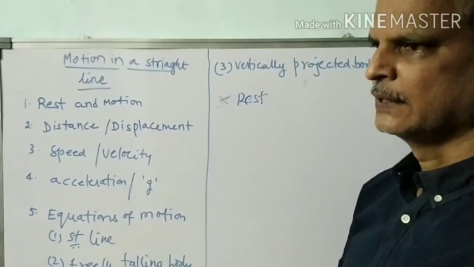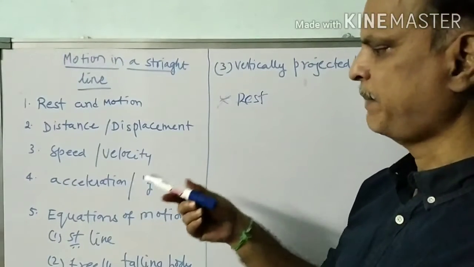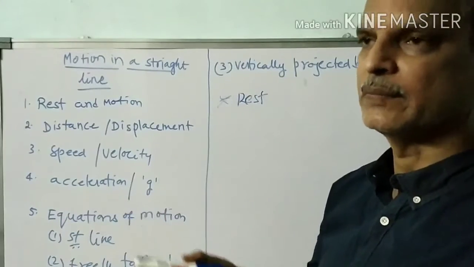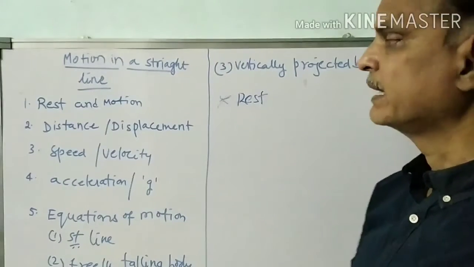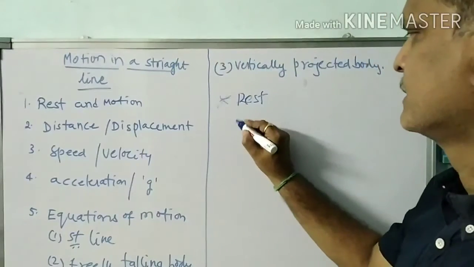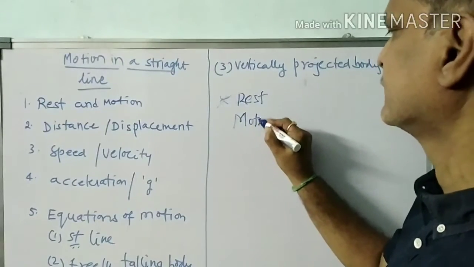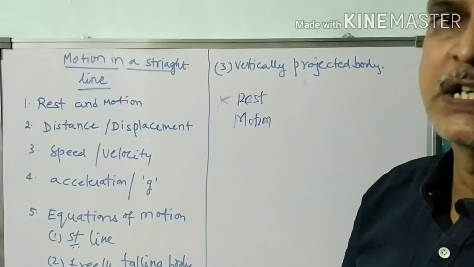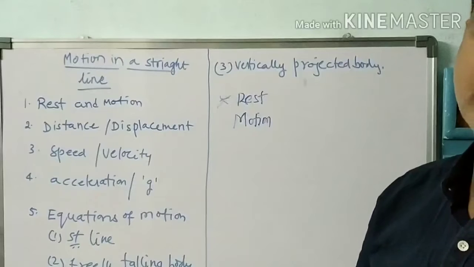So if we keep a pen on the table, it will be at rest if you don't disturb it. And what is meant by motion? A body is said to be in motion if it changes its position with respect to time and surroundings.